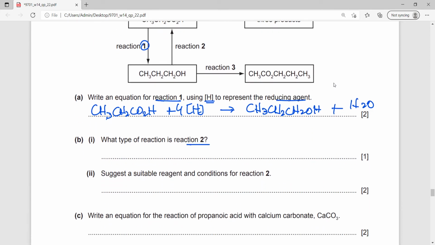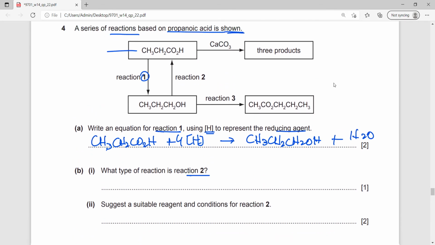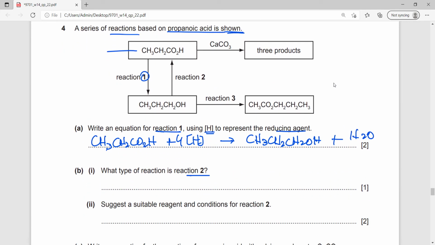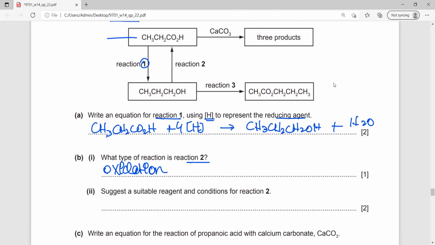What type of reaction is reaction 2? Since reaction 1 is a reduction, reaction 2 must be an oxidation. Or if you're being more technical, the conversion of an alcohol to a carboxylic acid is an oxidation reaction. Now state suitable reagent and conditions for reaction 2. In your syllabus there are 2 ways to convert an alcohol to the acid.